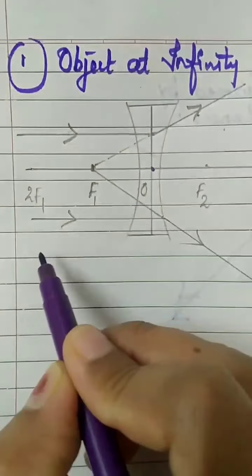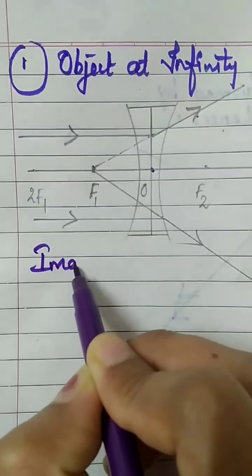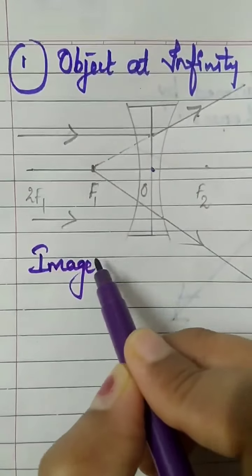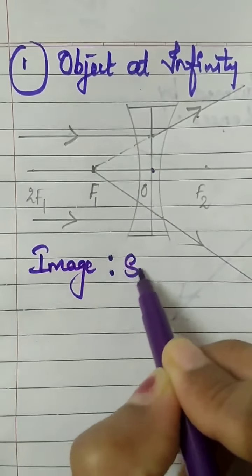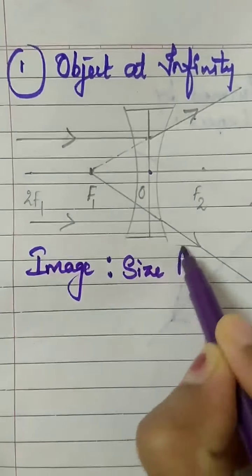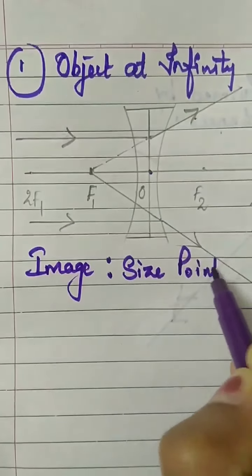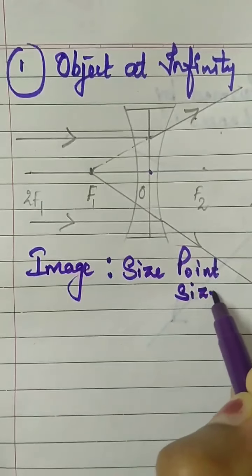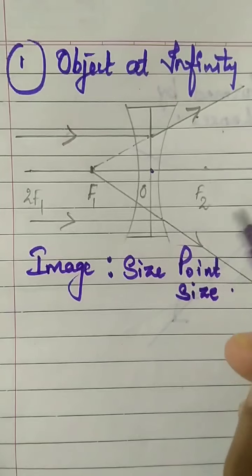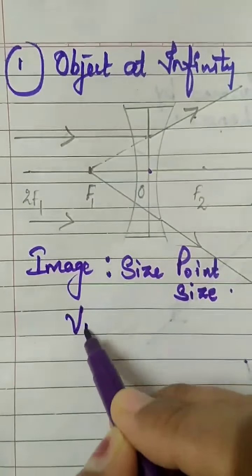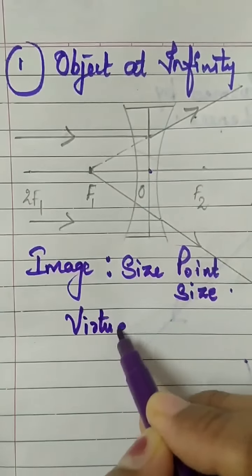Object is at infinity. Size of the image will be point size. It is virtual and erect. Why?